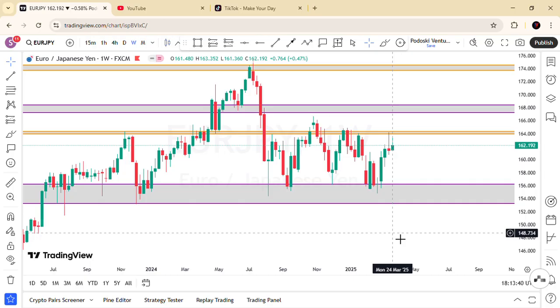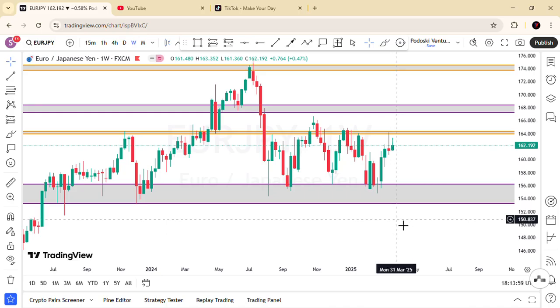If the daily time frame is also bearish or not in direction with the monthly time frame, then you pause the analysis there and wait for the other time frames to align with the monthly time frame before we look for opportunities to trade Euro JPY. So let's go to the daily time frame.